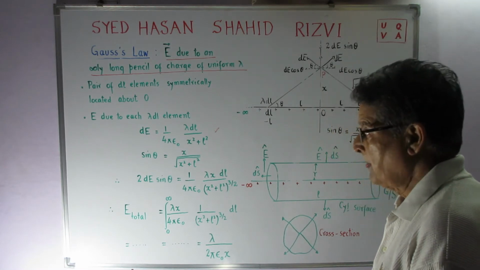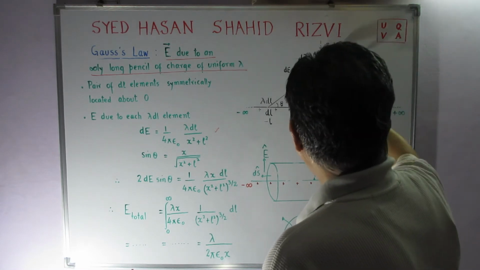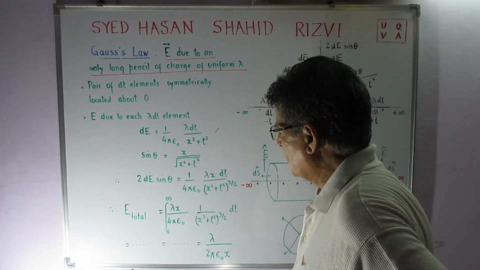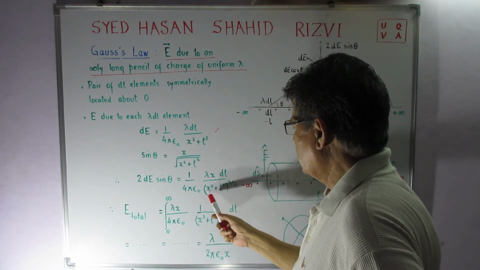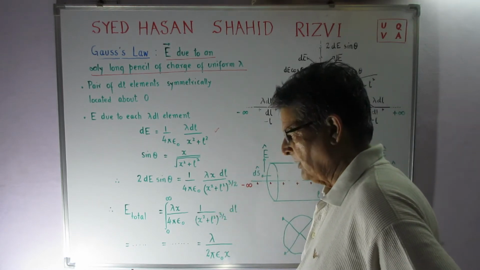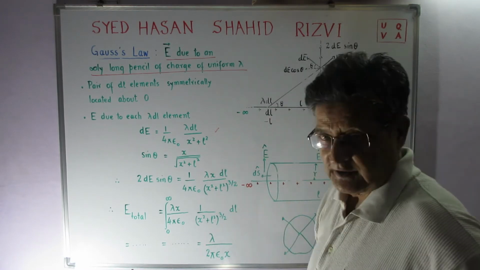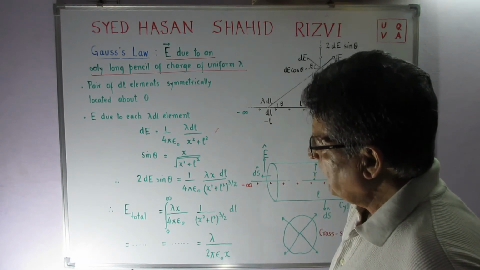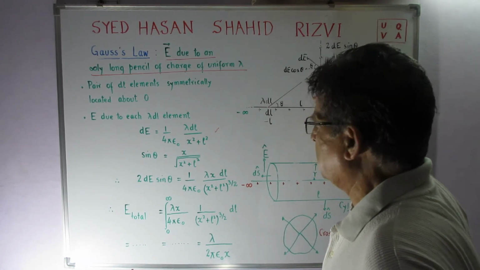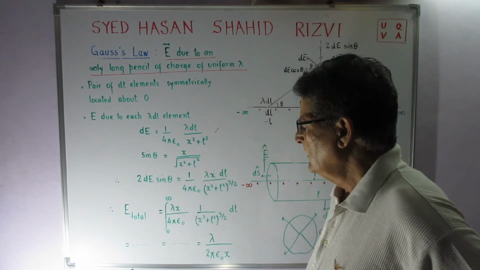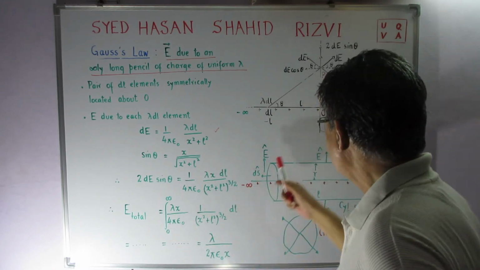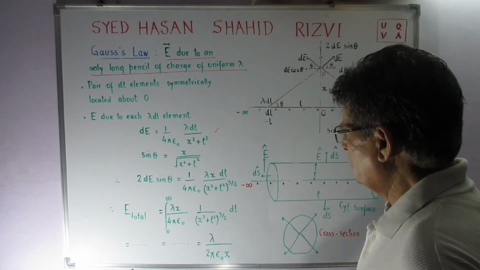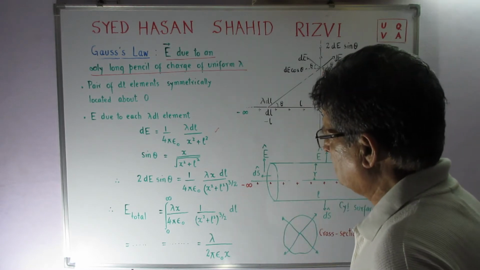So the value 2 dE sin theta which we get over here, I can put like this: 1 upon 4 pi epsilon naught, lambda x dl upon (x square plus L square) to the power 3 by 2. Remember, this x is a constant of our choice and L is the variable. Now to find the total electric field at the point P, E total, we will have to integrate it between 0 to infinity, because we take only one side and the other side automatically comes into being.